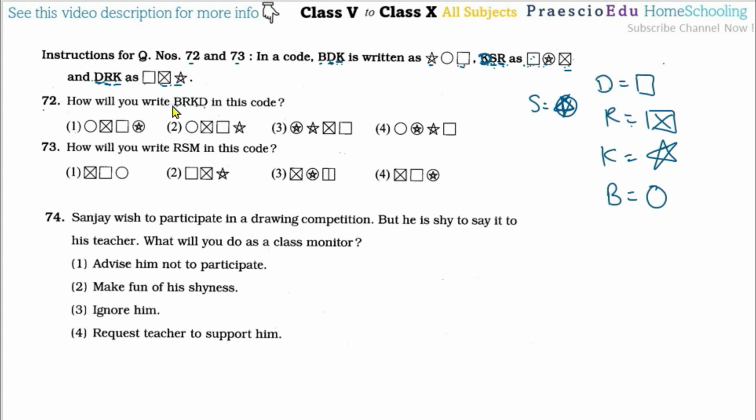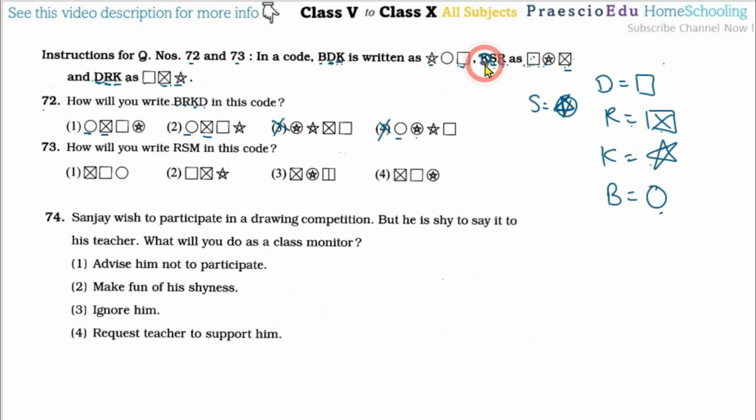Now as per this, B means this symbol. In option first, B is circle, circle, circle, but option number 3 is incorrect. Then R means this symbol, which is correctly given in options 1 and 2, but option number 4 is a different one. Then K means this star.